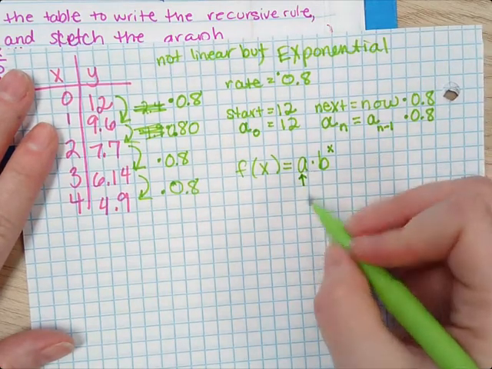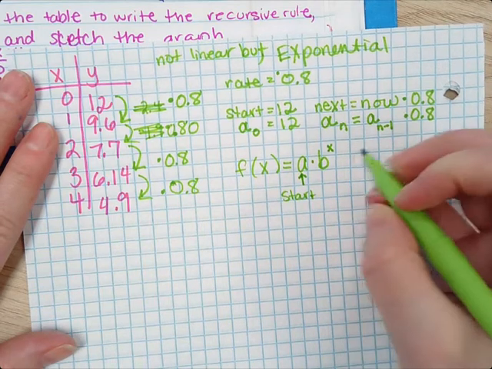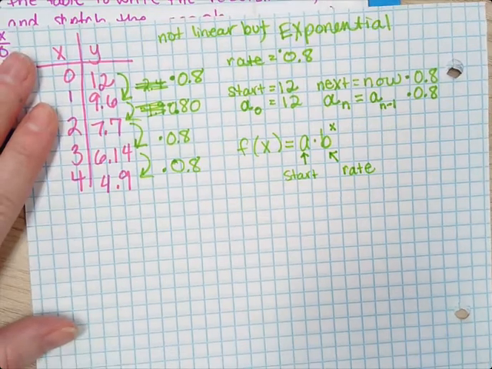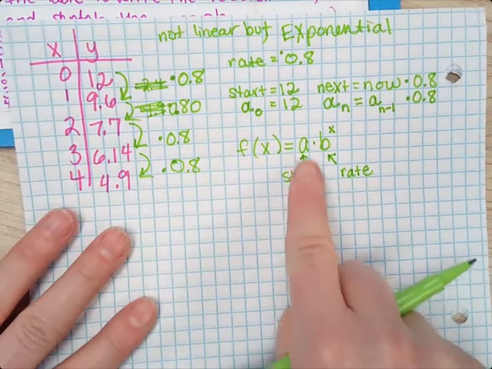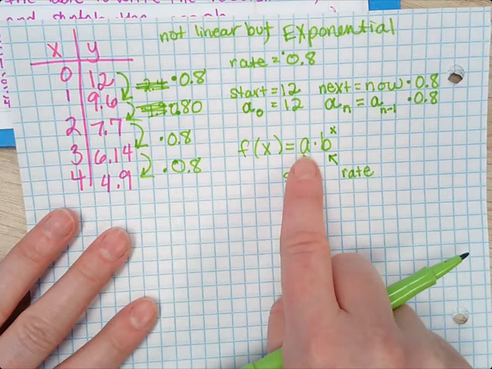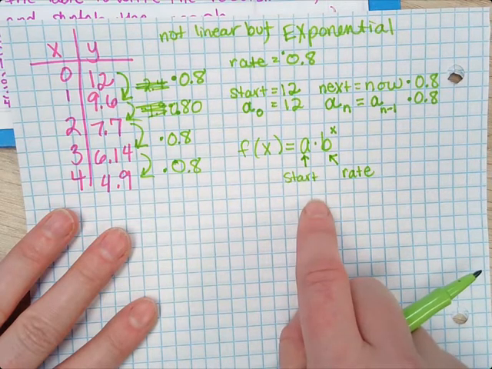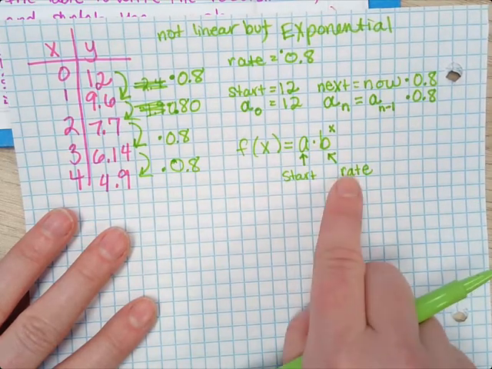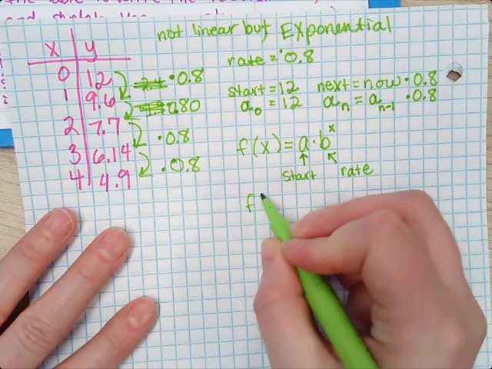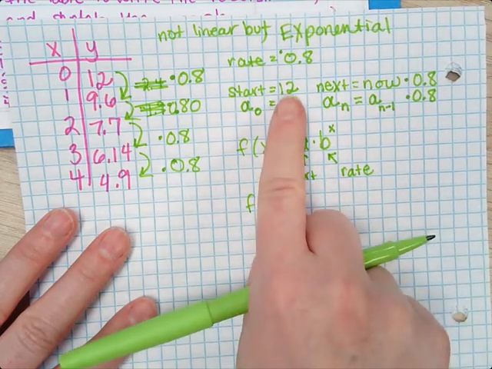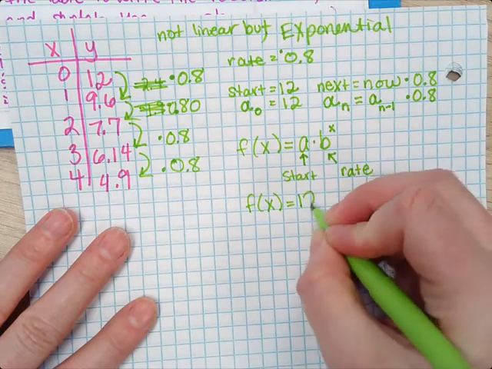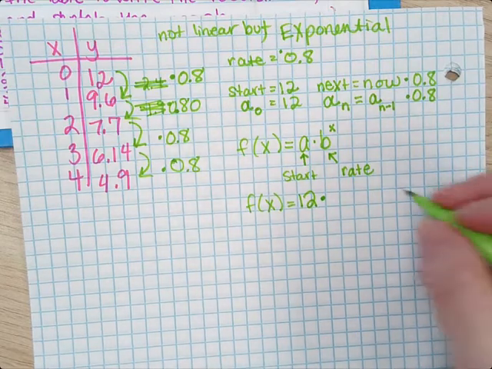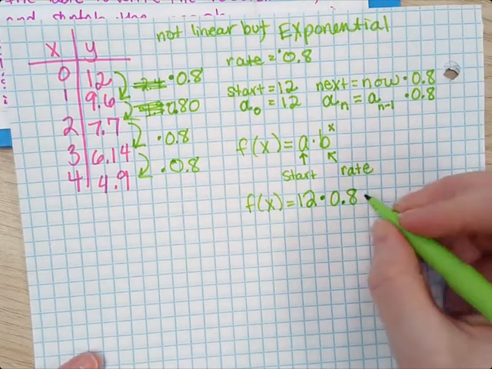So a is your start, and b is the rate. This will be the same. So now we'll plug in the numbers for our equation. It's always written like this: a times b raised to the x. A is your start, b is your rate. So our start we wrote was 12. So 12 times the rate, which was times 0.8, raised to the x power.